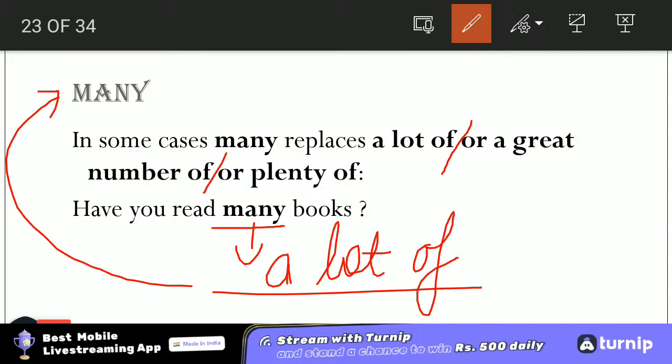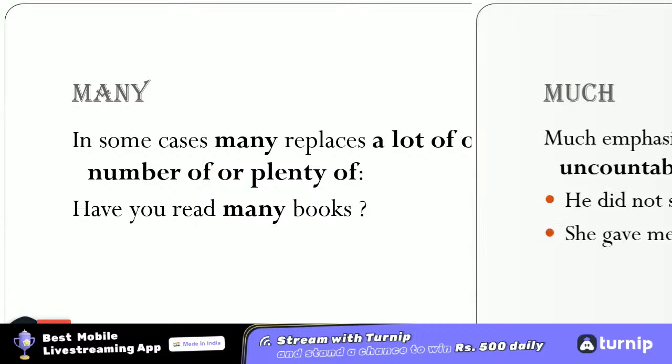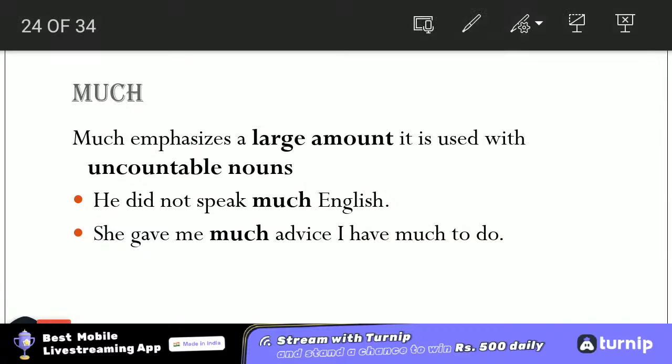Okay, the next one is much. Now, as many is used for countable things, much is used for quantity. कितनी quantity है? 2 kgs, 3 kgs, 4 kgs. So when we are talking about quantity or basically uncountable nouns, we use much.